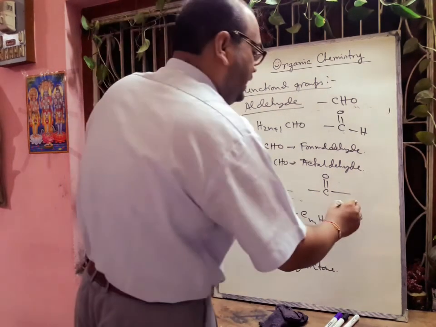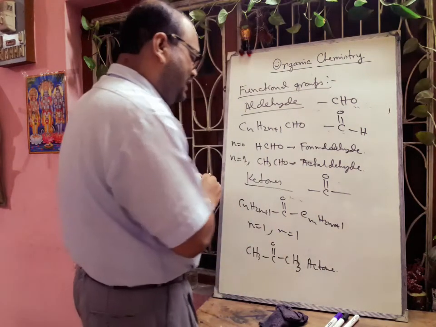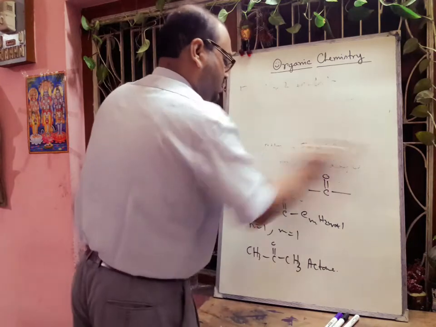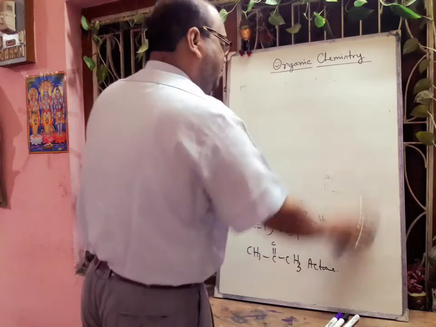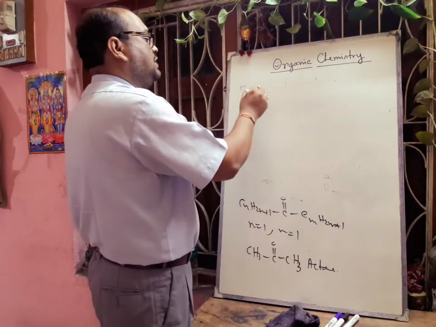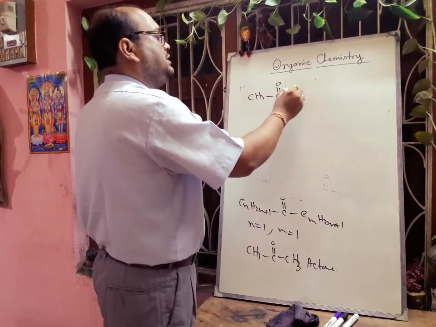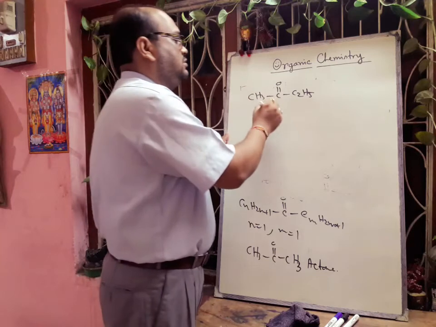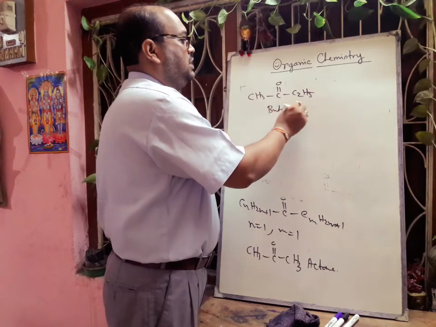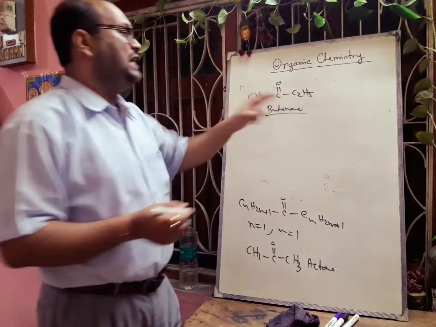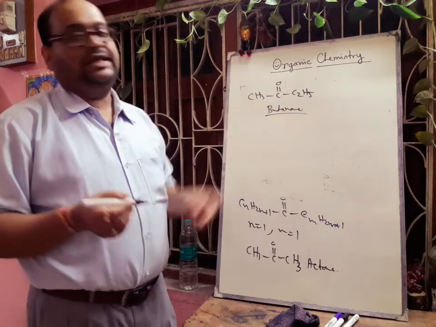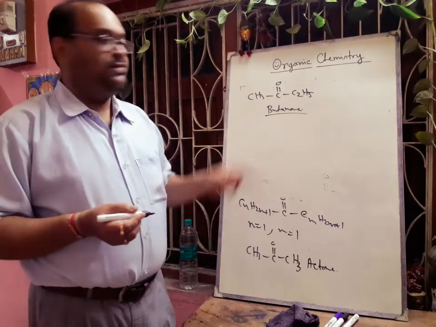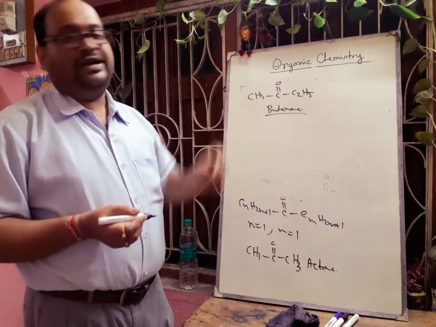Another example, if both sides are different, suppose one side CH3 and the other side C2H5, this ketone is called butanone, and this is a mixed ketone. Both sides two different alkyl groups are present.